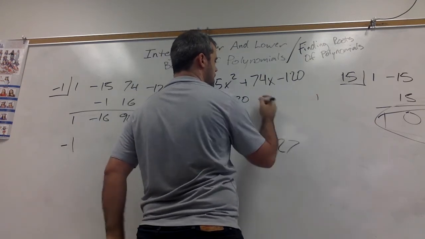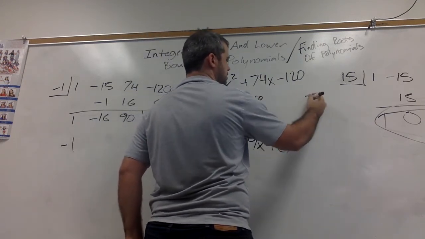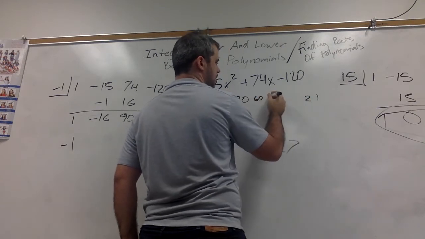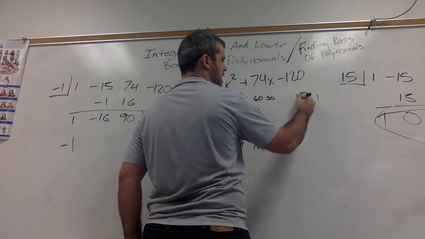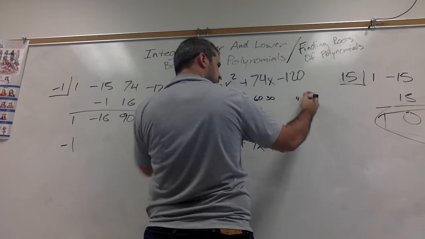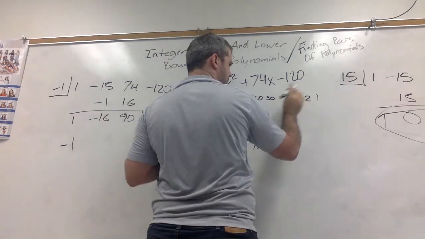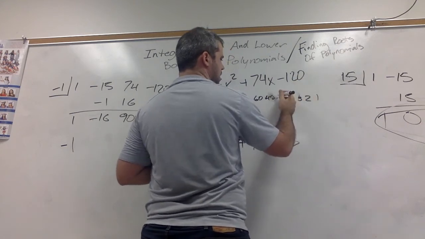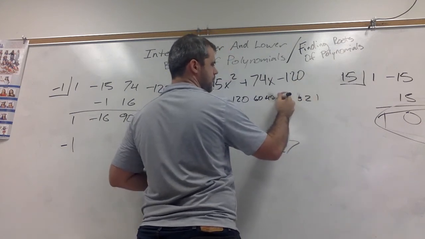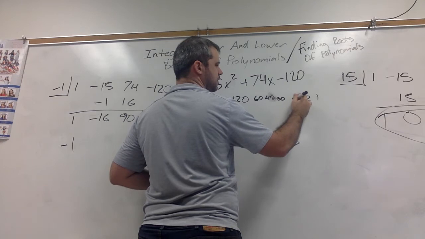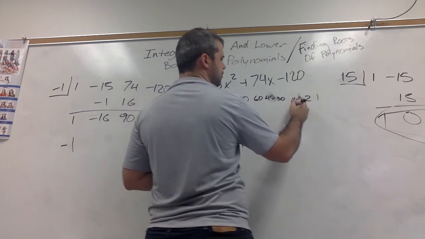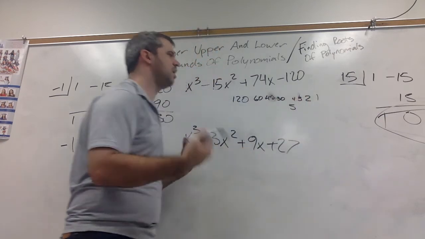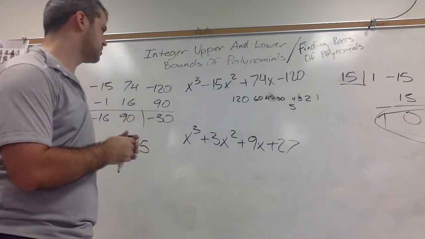So 120 and 1, 60 and 2, 30 and 4. Oh, I missed one. 40 and 3. 30 and 4. 5, and we've got all sorts of ones here.